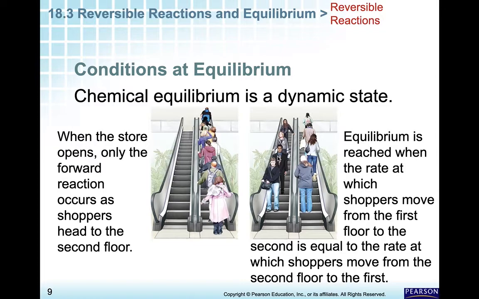But then as some started to come out and more started to go in, we reach a time where there is always 50 people in the store. Not necessarily the same people. One shopper decides they're done and they leave. They're replaced with a new shopper who just arrived. So the people in the store are changing, but there's always 50 people in this store in equilibrium.